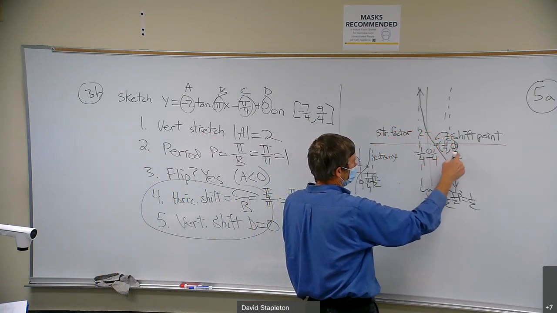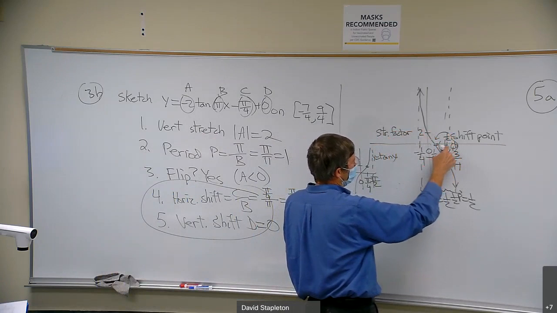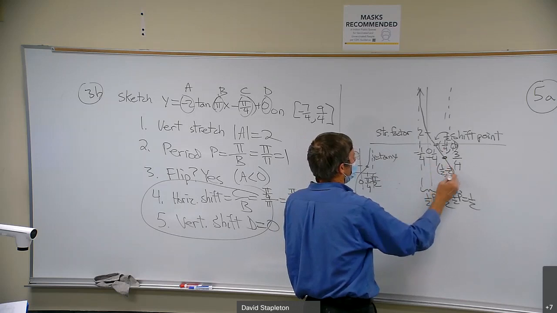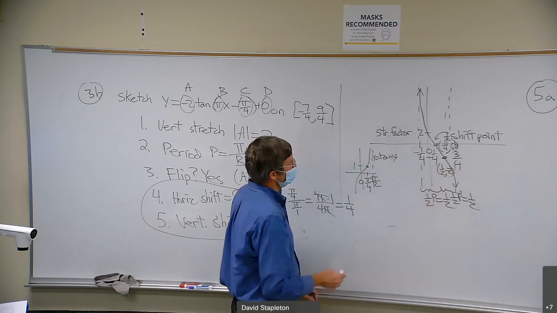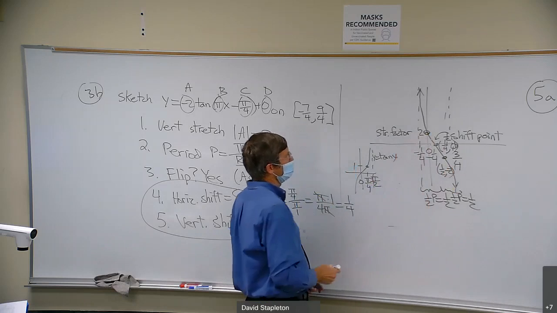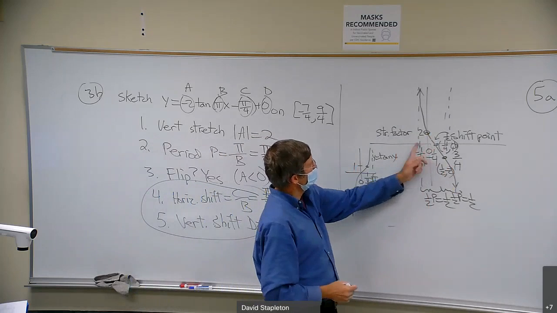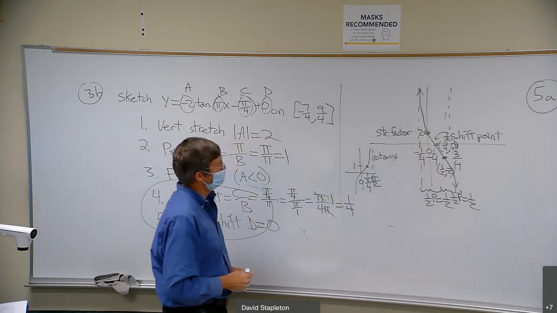Let's see, 1/4, 1/2, 3/4. Yeah, so 1/2 in the middle. It should be at minus 2 units down. So that's how steep you draw it, according to the vertical stretching factor, halfway between the asymptote and the middle point there.